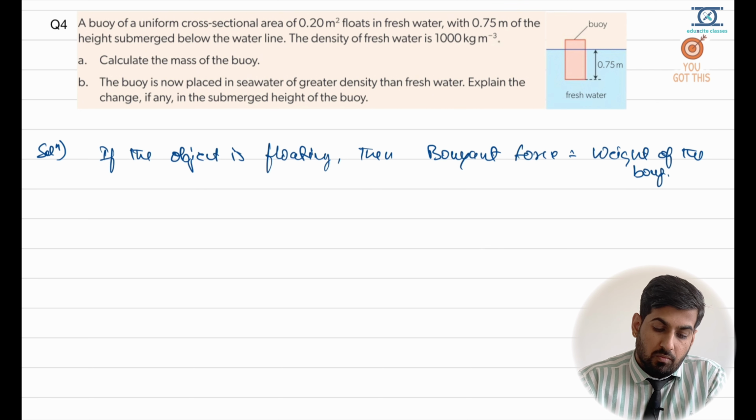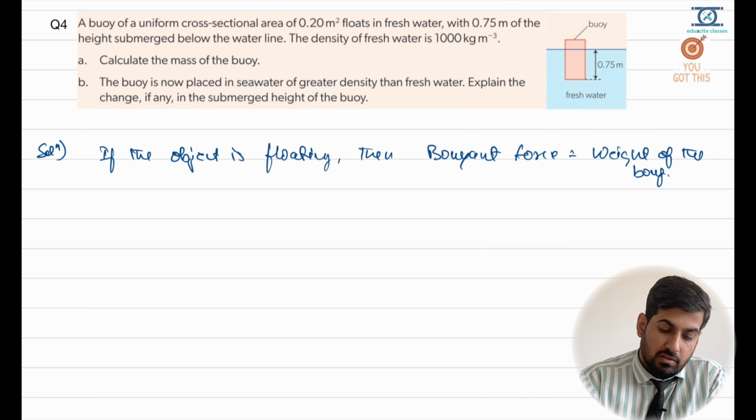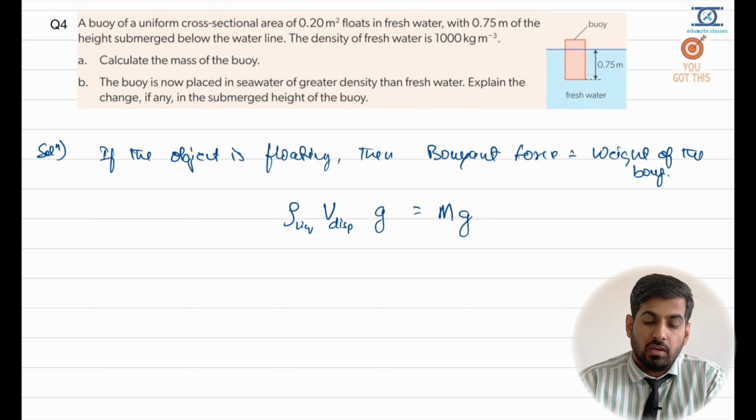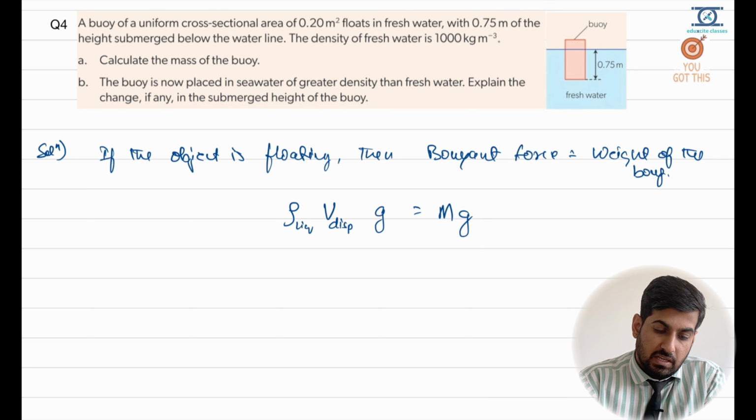Now we know the formula for the buoyant force, which is rho of liquid times volume displaced times g, and that weight is equal to mass of the buoy times g. If this is balanced, then this g and this g get cancelled.